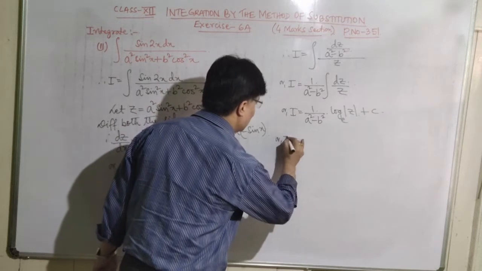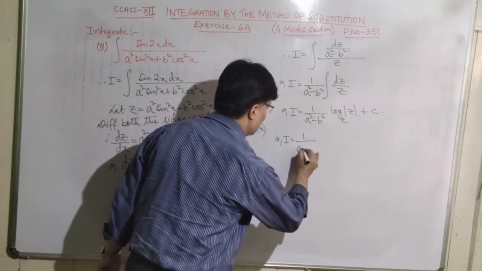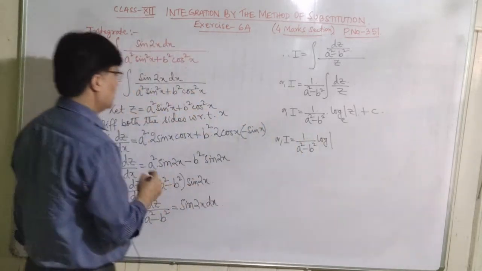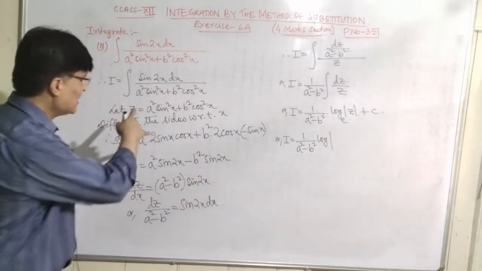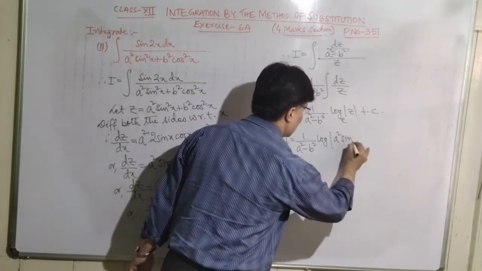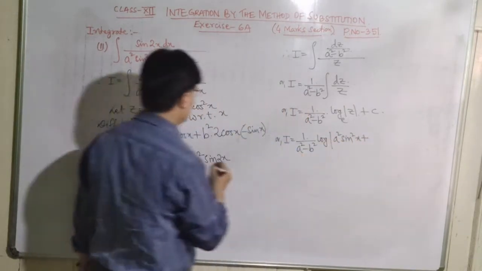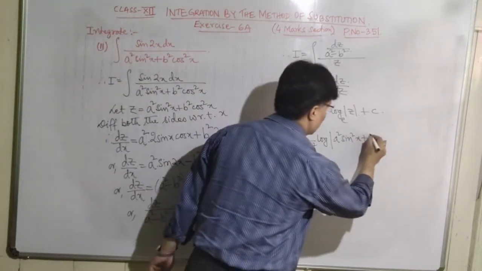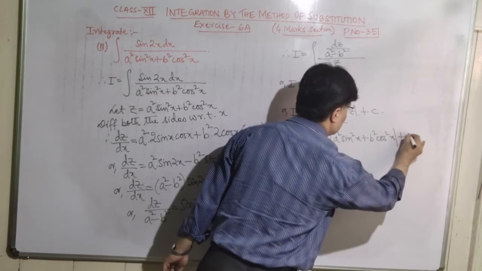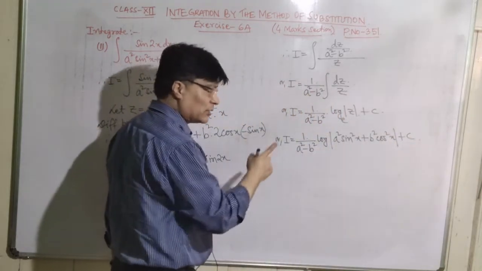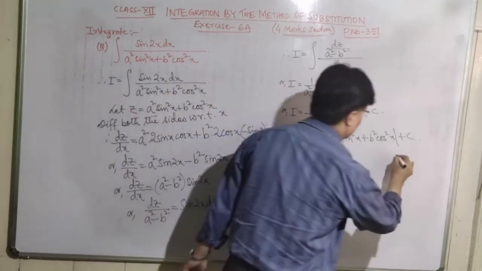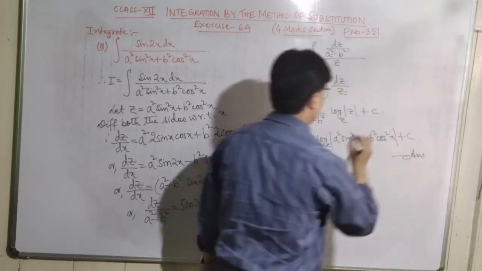Or I is equal to 1 upon a² − b² log of mod of a² sin²x + b² cos²x, plus c. Here the base is e. So this is the final answer.